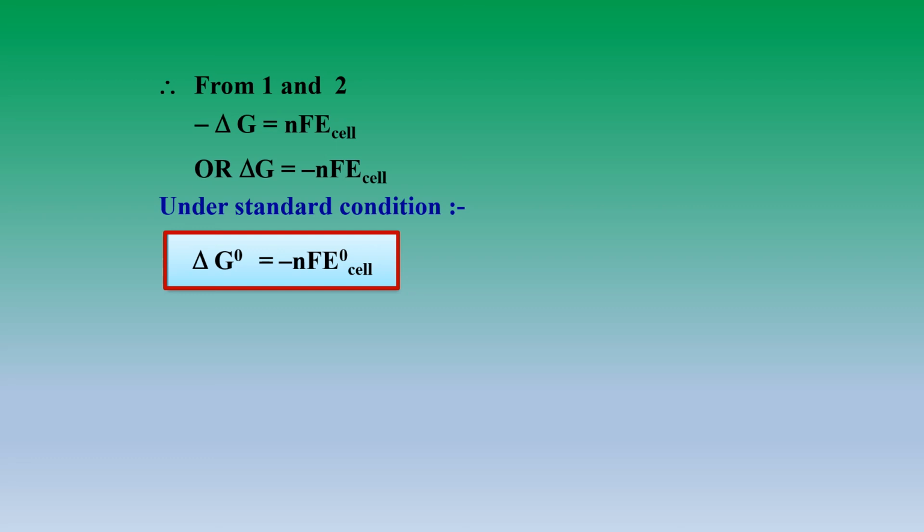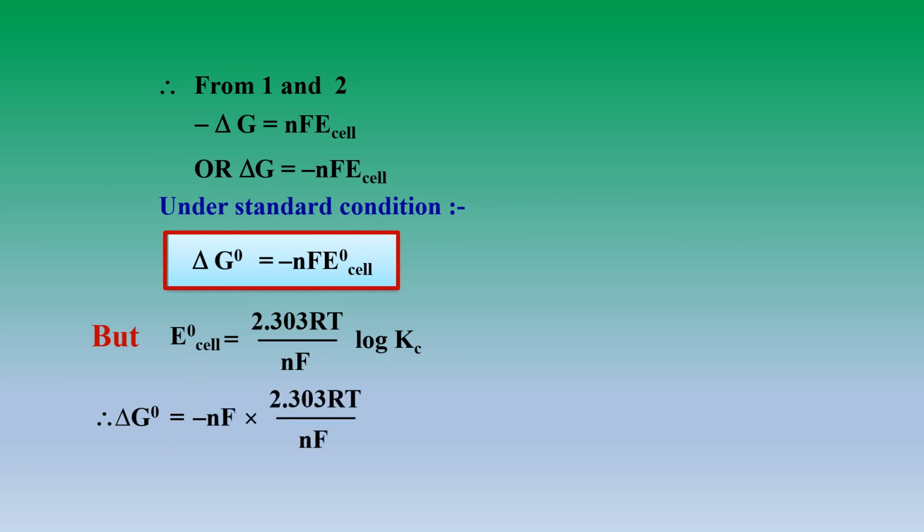But E naught of cell is equal to 2.303 RT divided by nF log Kc. So we substitute this into the equation, and it becomes delta G naught is equal to minus nF into 2.303 RT by nF log Kc.